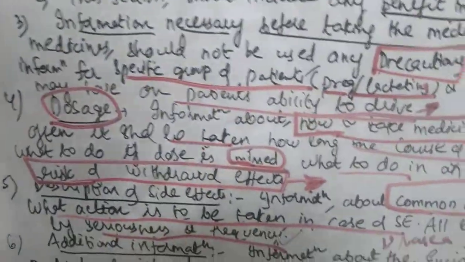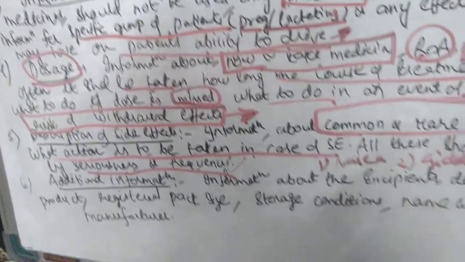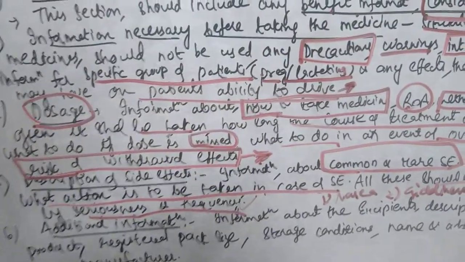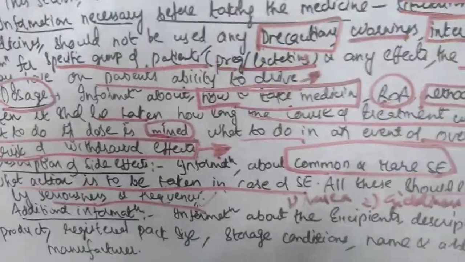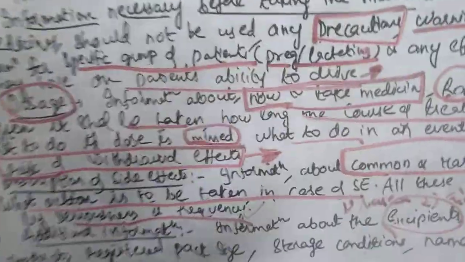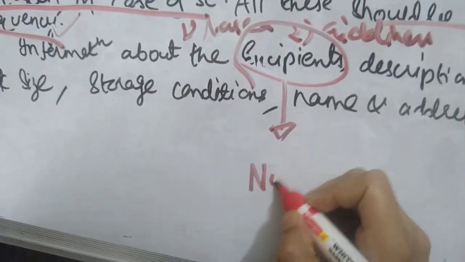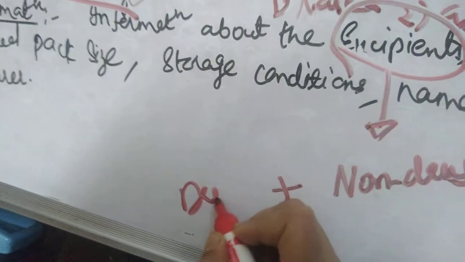Next, the last information in your patient information leaflet is additional information. What is given apart from this in your patient information leaflet? They include information about the excipients. You know what excipients are? Excipients are your non-drug components. Every medication is a combination of drug and non-drug components.